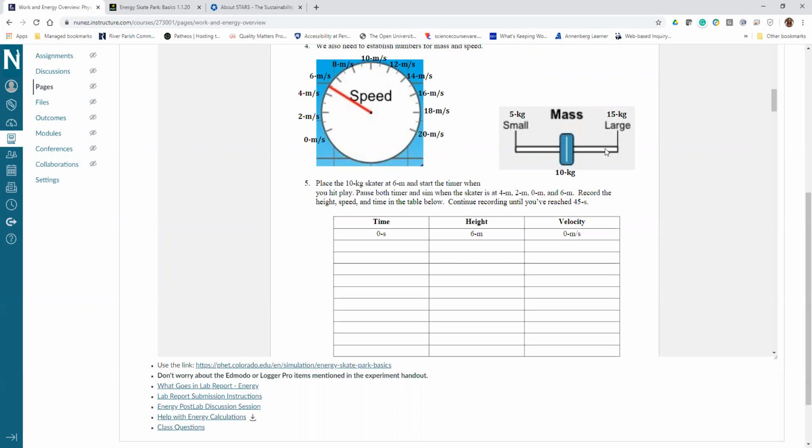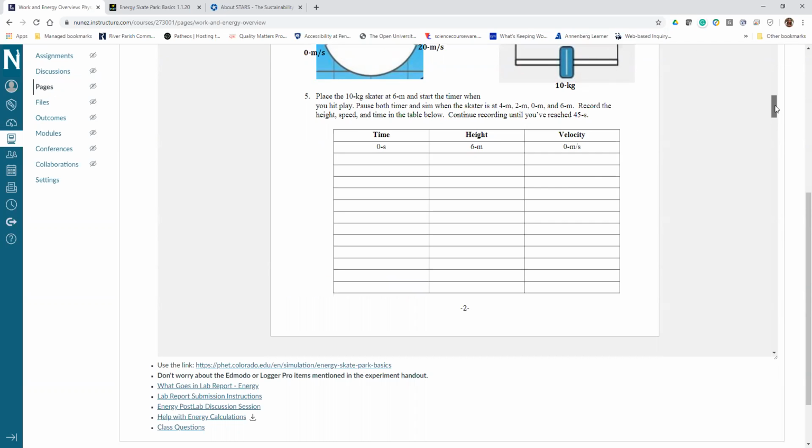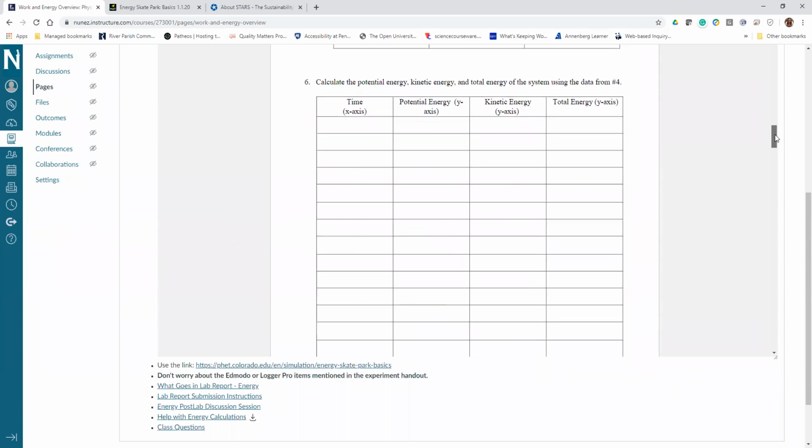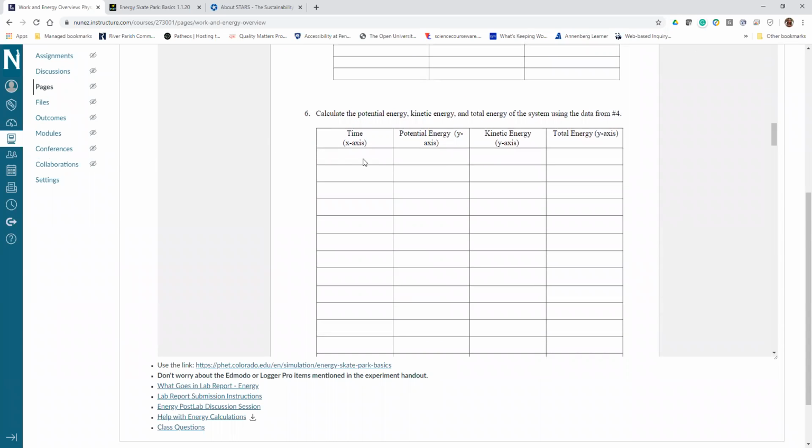And here they tell you how to interpret the mass slider. In the middle is the 10 kilograms that you want. Then you're recording the time, the height, and the velocity. They say speed, but for us that means the same thing. Then you do the calculations for the potential energy, kinetic energy, and total energy.